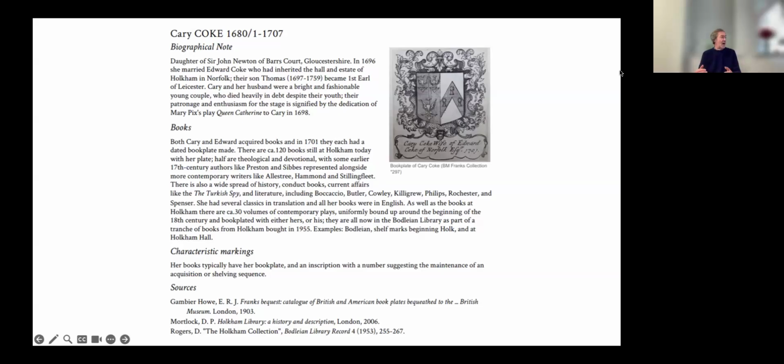I've got this name, is it such and such? Is it this particular person? And so having descriptions and ideally images like book plates and inscriptions in these entries is helpful in that kind of context.